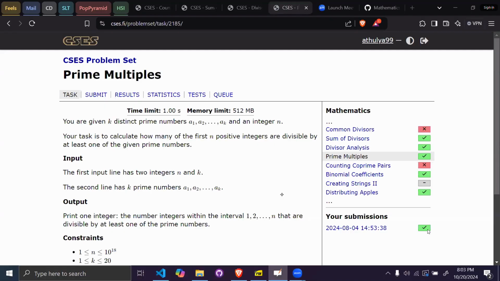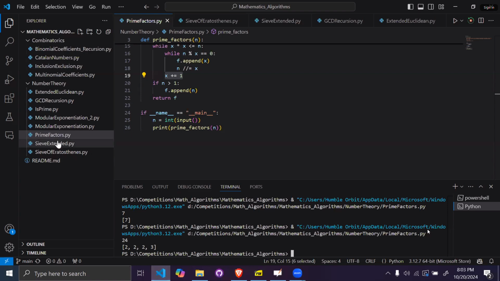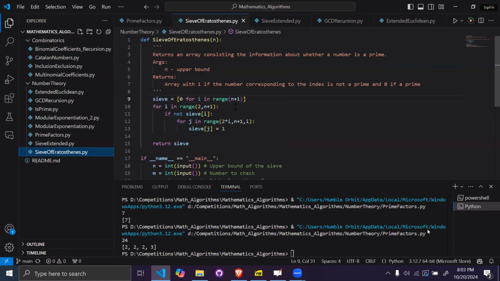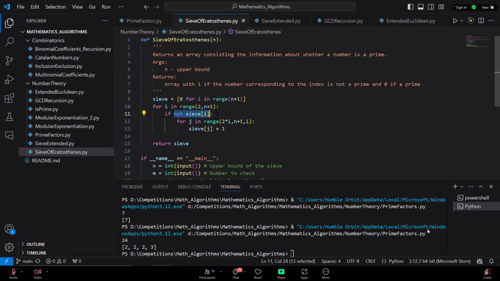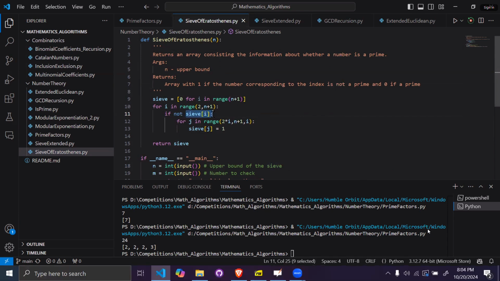So I have this code as well. This is the sieve with the lowest prime factor. I initialize an array with zeros. Then I check if not sieve. I hope that you know this when you are checking conditions.